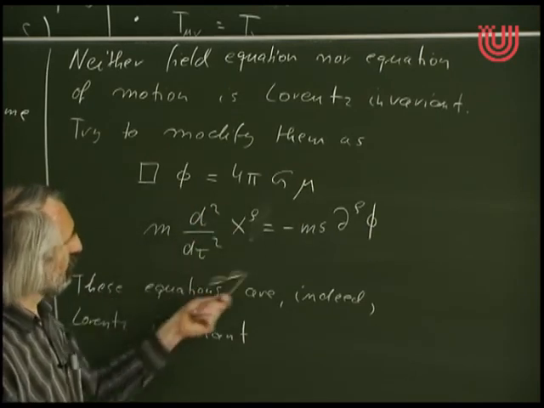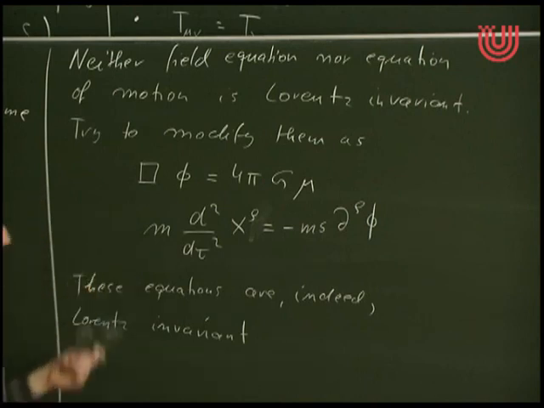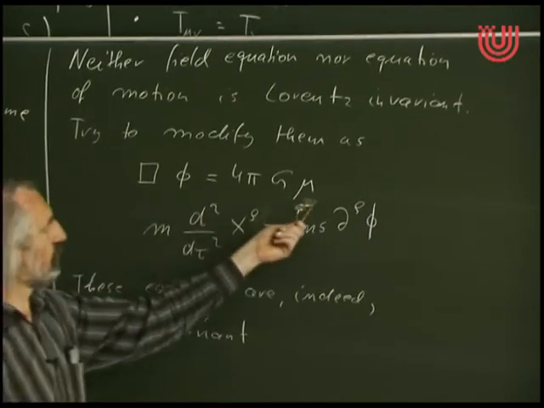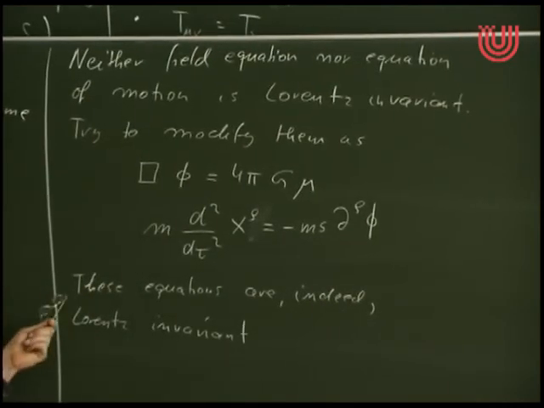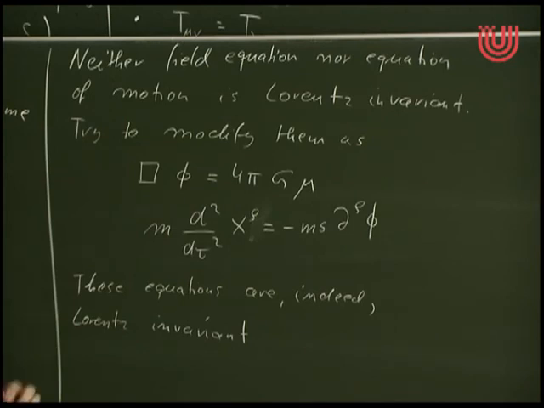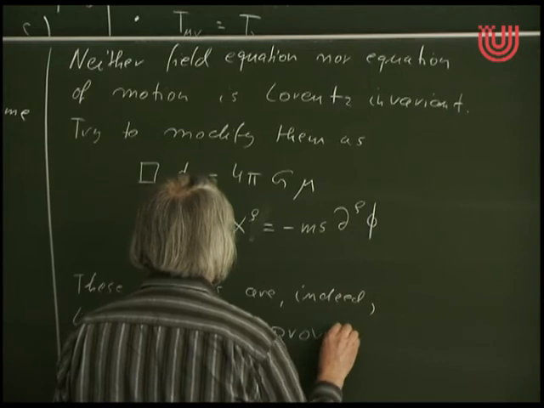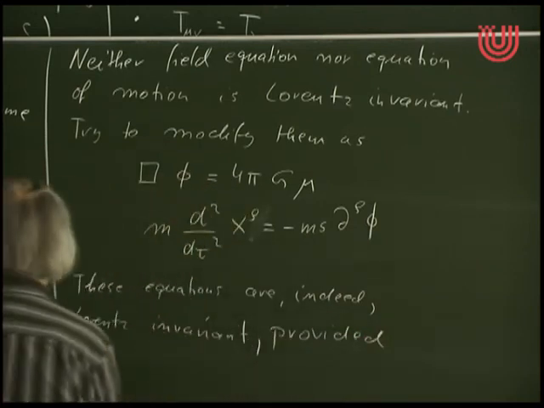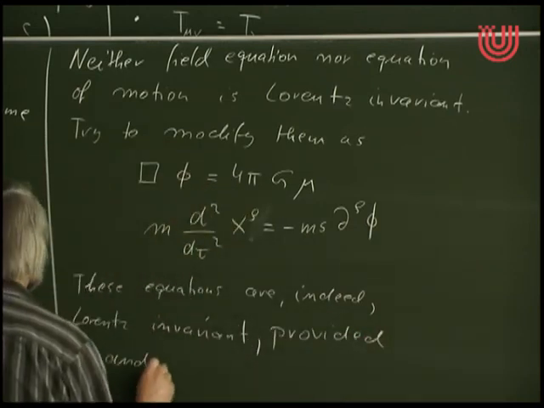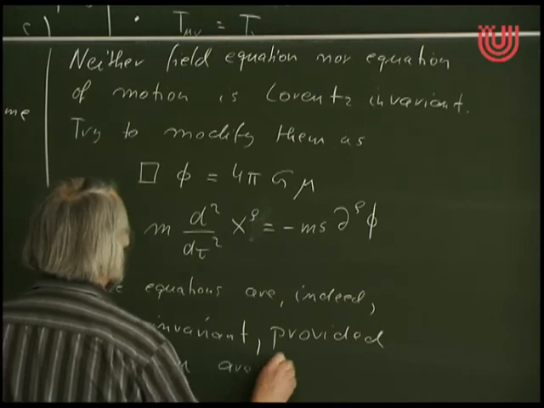It's obvious how the x rho changes, that's defined directly in terms of the Lorentz transformation. And what I mean is these equations are Lorentz invariant if phi and mu are invariant scalars, if I do not change them when I make a Lorentz transformation. If I keep the same functions on space-time, provided phi and mu are Lorentz invariant.